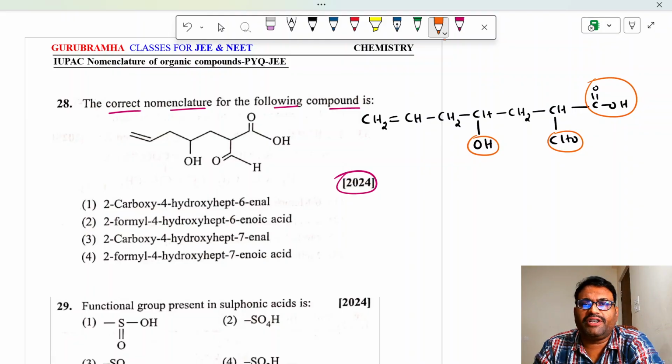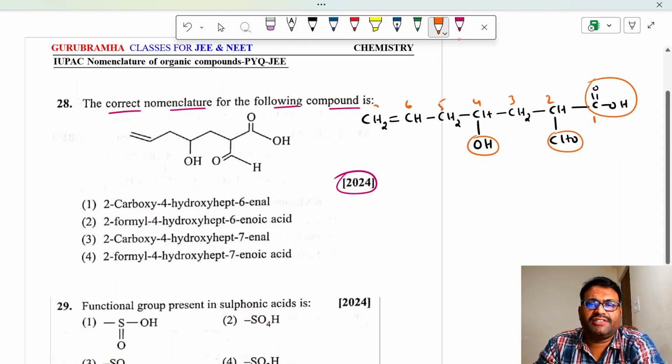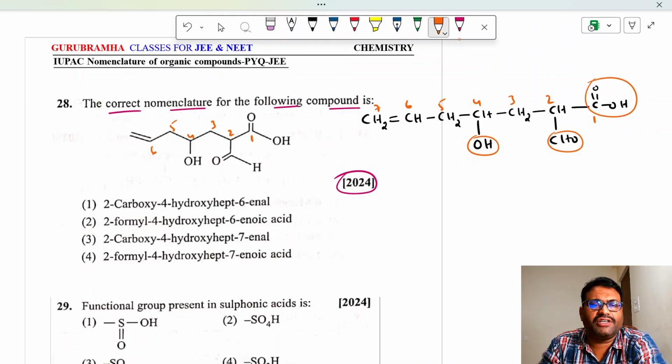The carboxylic acid functional group has the highest priority, so it is written as the secondary suffix. The remaining are written as secondary prefixes. So OH and CHO are considered substituents. Numbering starts from here: 1, 2, 3, 4, 5, 6, 7.